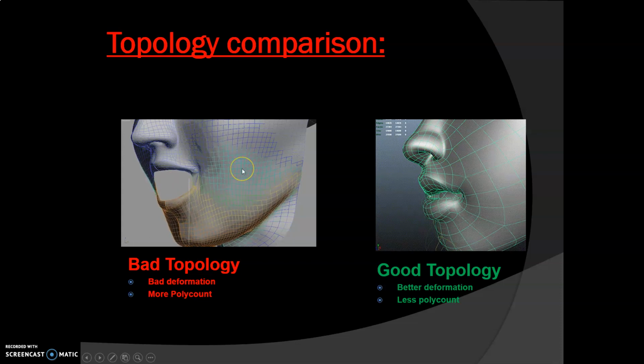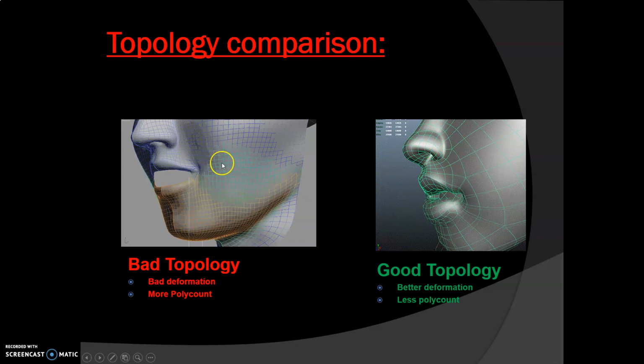If you have a bad topology, when it comes to animation, you're gonna have a bad deformation. You see here, these two vertices are being pulled quite extremely, whereas in this one everything is divided nicely. So this is the kind of topology that we try to go after. Everything is nice and defined.